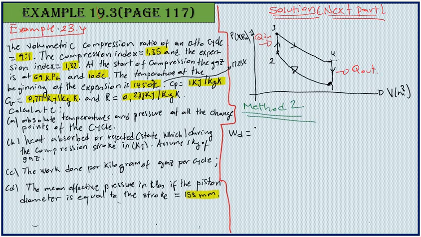So we need to say W from 1 to 2 plus W from 2 to 3 plus W from 3 to 4 plus W from 4 to 1.